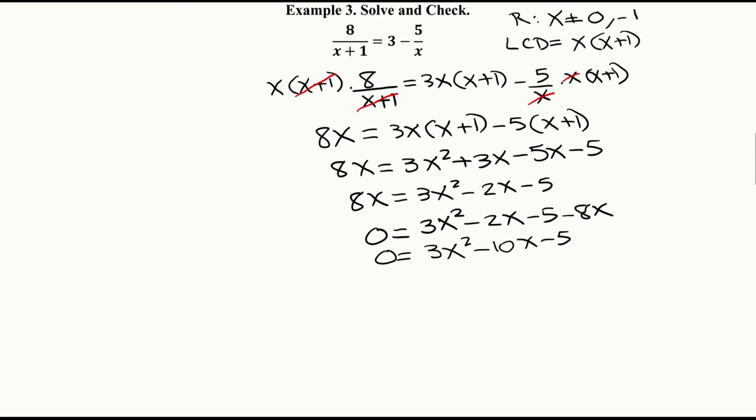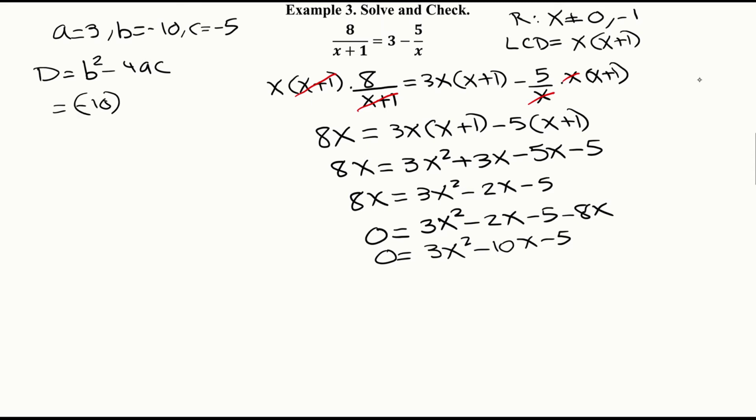So notice here that a equals 3, b equals -10, and c equals -5 in our quadratic equation. So if we calculate the discriminant, which is b squared minus 4ac, we get quantity -10 squared minus 4 times 3 times c, which is -5.